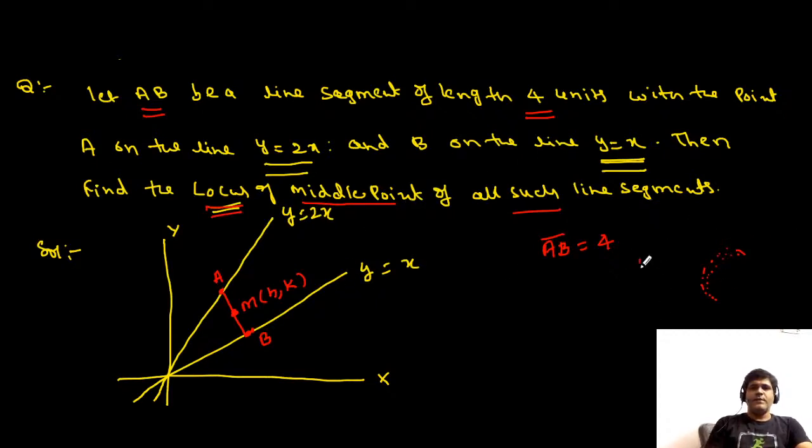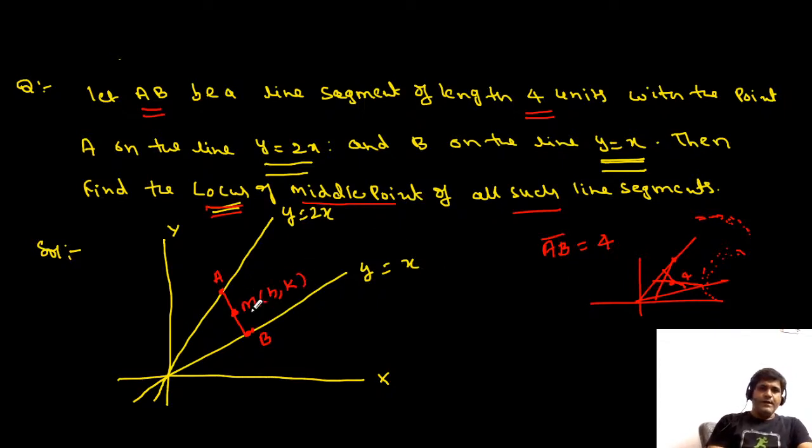So this is a line segment with 4 units. If you take point B here, you will have one more line segment. For different line segments, there will be different middle points. If you join all the middle points, what is the path? That is the question.